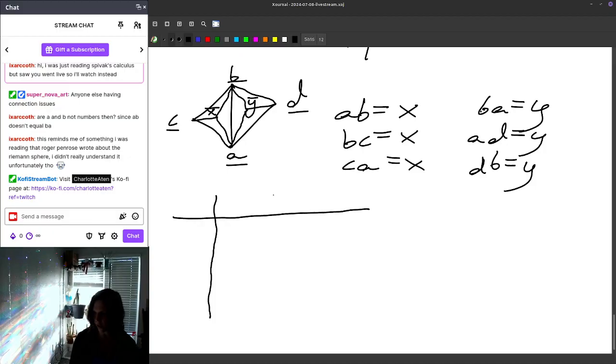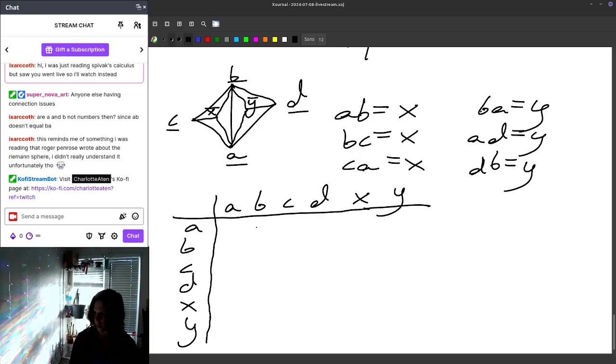And so the question is, if I have a table like this that's supposed to be a multiplication table, A, B, C, D, and my new things I added, X and Y, a natural question is, if I put in some of these entries: A times B has to be equal to X, B times C is X, C times A is X, and maybe I'll put dots where there's nothing filled in.